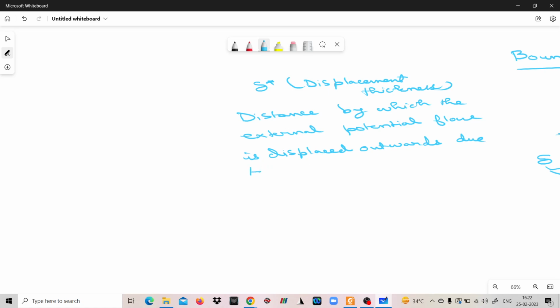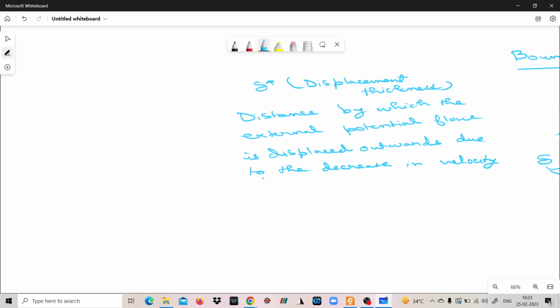due to the decrease in velocity in the boundary layer. So this is the definition of displacement thickness.